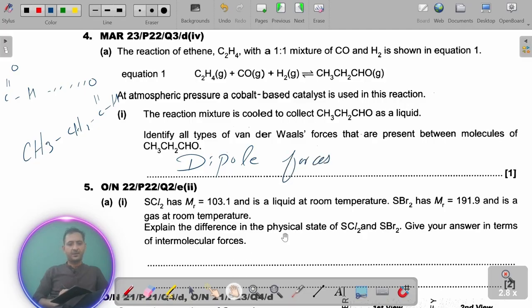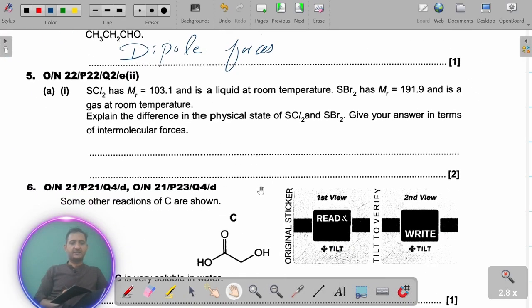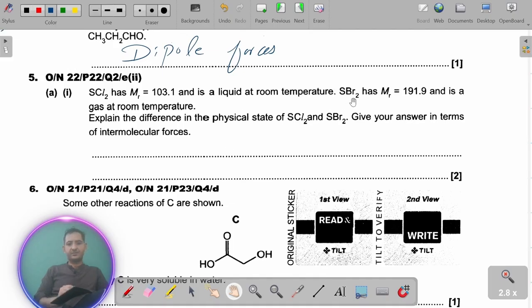Okay. The next is SCl2 with Mr 103, a liquid, and SBr2, a gas. Explain the difference in the physical state of SCl2 and SBr2. So we know chlorine is more electronegative, and bromine is less electronegative.